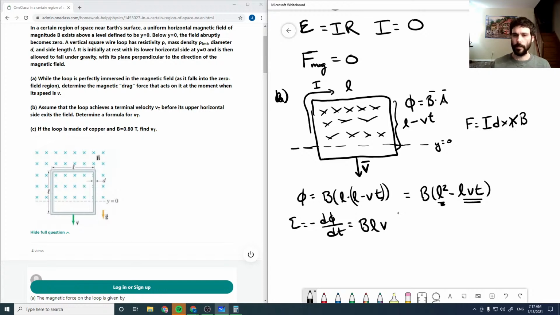So if our current is running to the right from the top, we put our fingers in the direction of the current, and our palm in the direction of the magnetic field. So our fingers in the direction of positive current, so flow of positive charge.